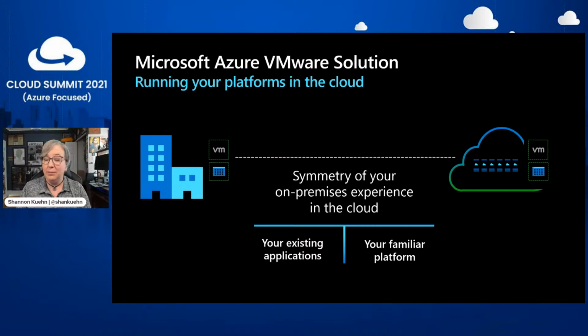All of that time customers have spent learning vCenter, vSAN, vSphere, you can take that and plug it into Azure. This option provides you with the most symmetry in terms of your on-premises workloads. Most of our customers are running the version that gets deployed with Azure VMware Solution on premises. So you get to take your existing applications and have that familiar platform. It's a great win-win for customers that have been a little hesitant about moving towards the cloud.